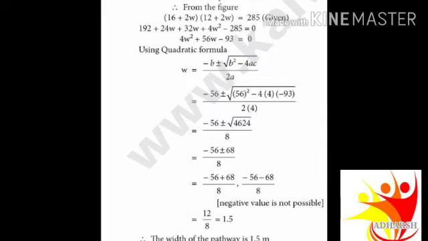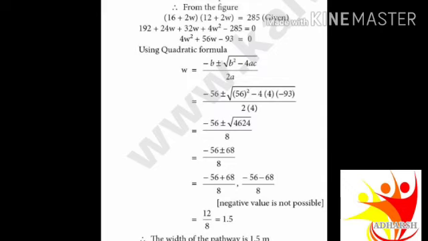So that equal to minus 56 plus or minus root of 4624, value is 68, divided by 8. Now find the value of W equal to minus 56 plus or minus 68 divided by 8. We split the plus value and minus value.